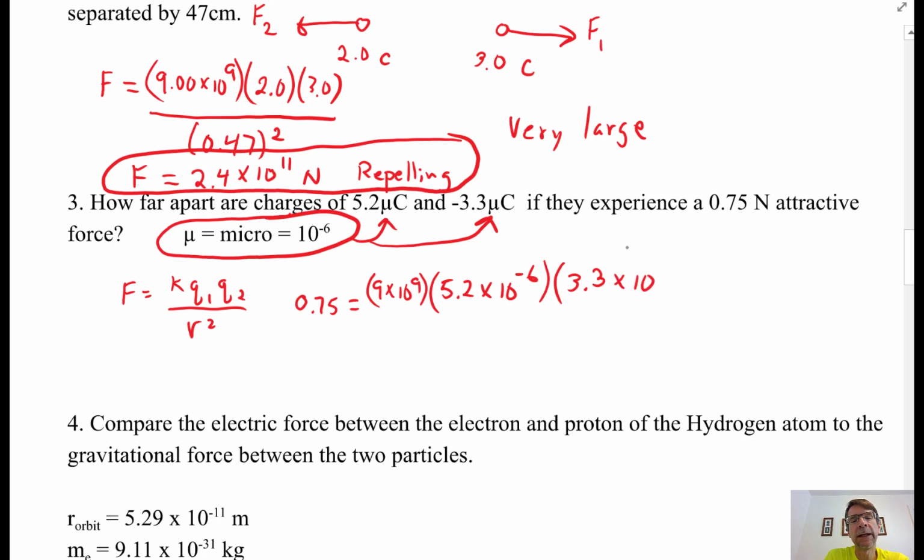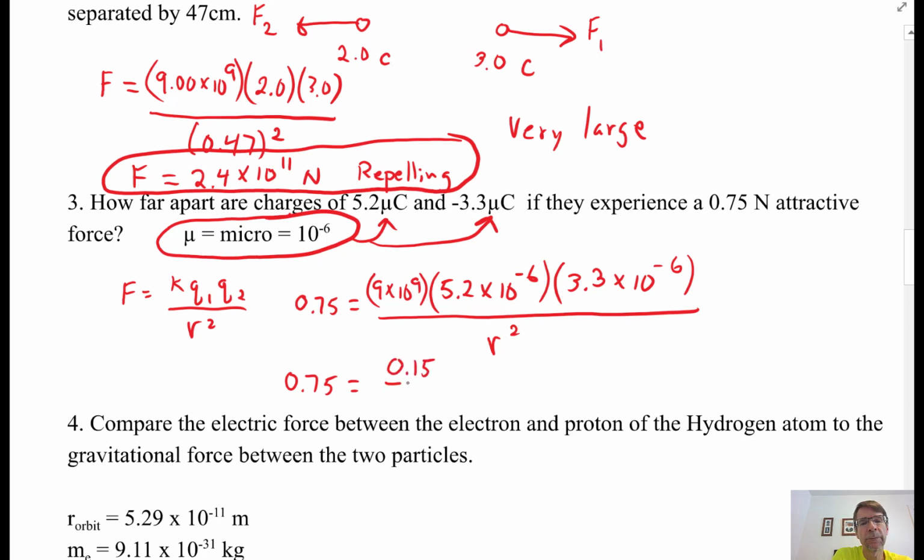All it helps you tell is whether they're attracting or repelling. But the negative 6 is very important. Divided by what we don't know, which is the distance, R squared. Some books will have a D there instead of an R. So 0.75. If you multiply all those numbers in the numerator, you get 0.15. I hope I did that right.